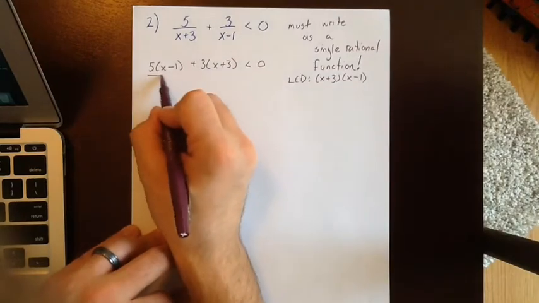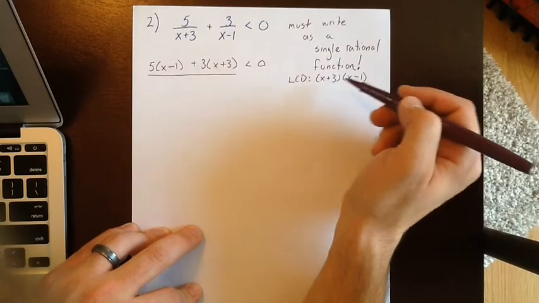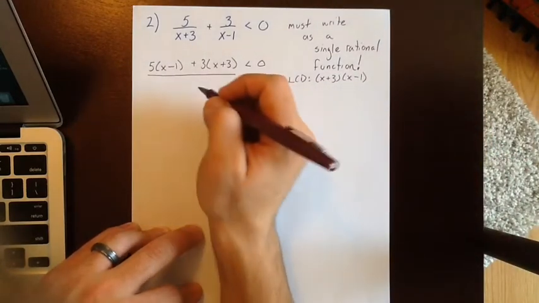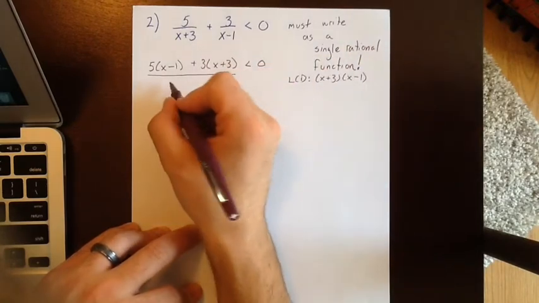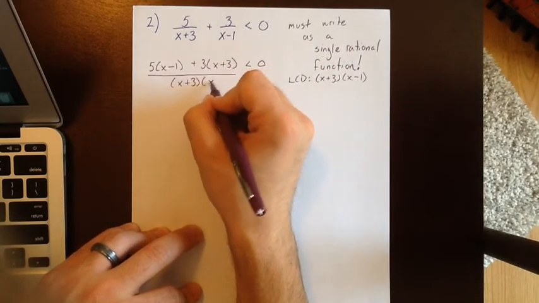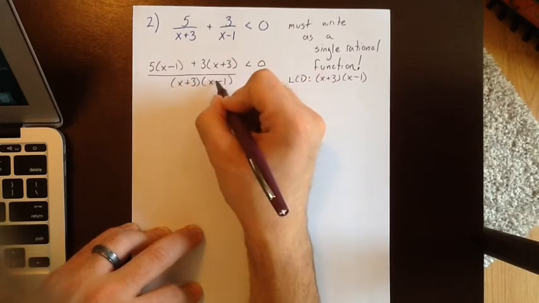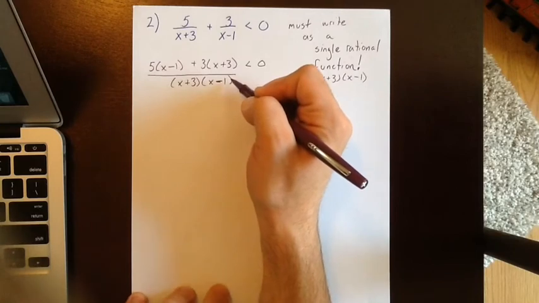Now, unlike solving rational equations, finding a least common denominator where we disregarded the denominator, we need to include it here because it is going to affect our solution set, as we saw in the previous examples. So we need to have this here still.